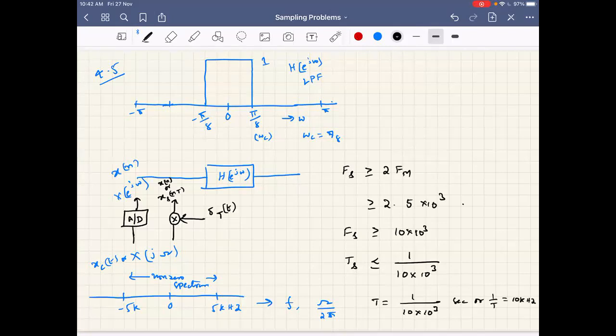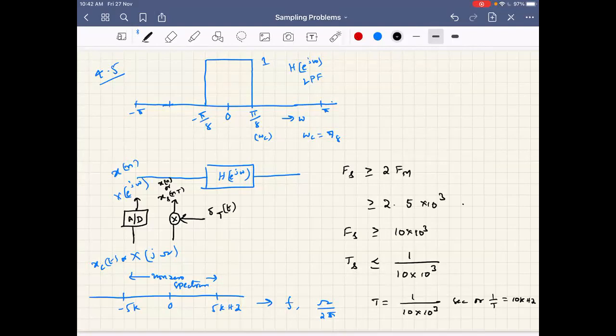We have just written it as an inverse. What will be the cutoff frequency of the continuous time filter B? If this signal has to pass through this, what should be the cutoff frequency of the continuous time filter B?